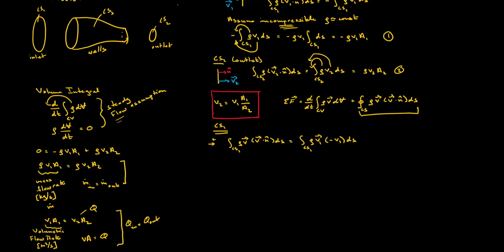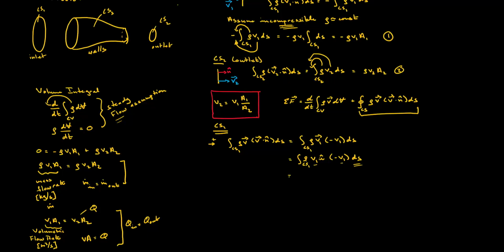And we can express this as v1 in the I direction. And then this will be multiplied by negative v1 ds. I forgot the density over here. And again, the same assumptions still hold. So over this area, there is no variation in the velocity, and there's no variation in the density.